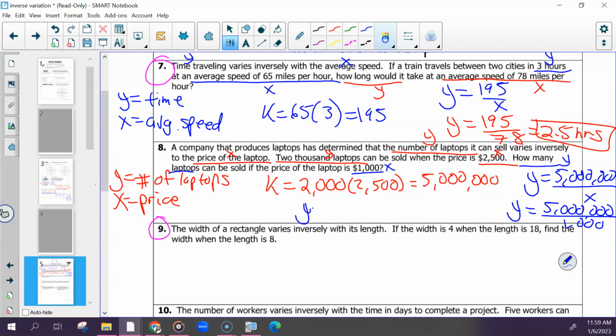And figure out how many laptops we have. Should be 5,000. And then 5,000 laptops.